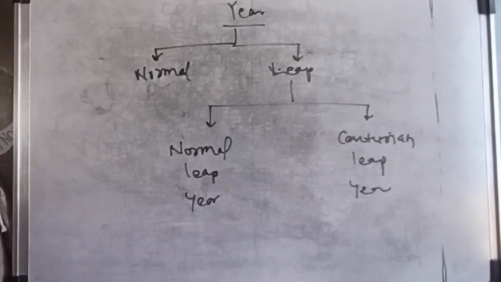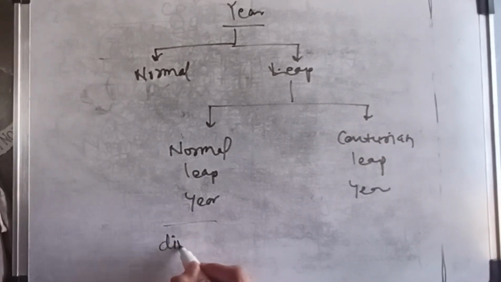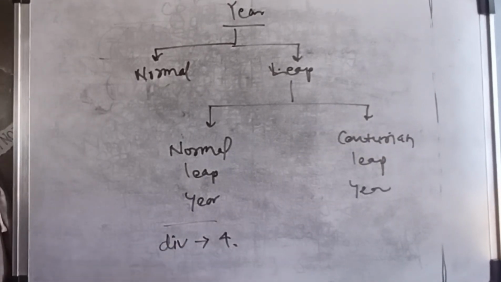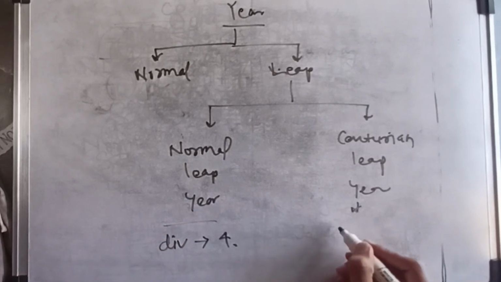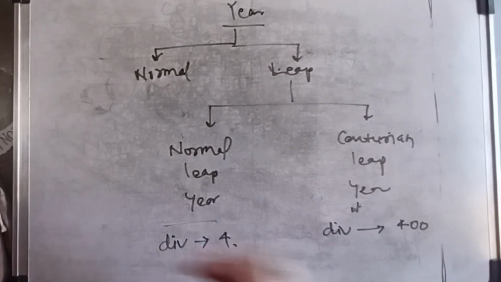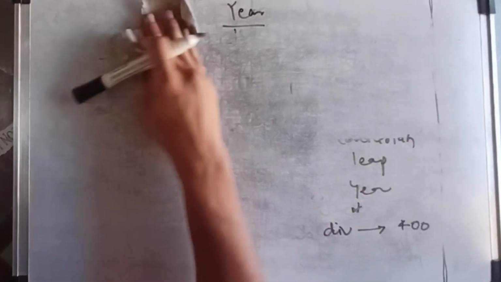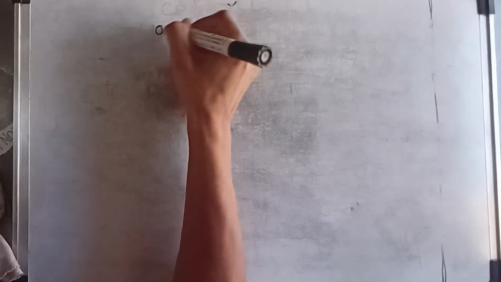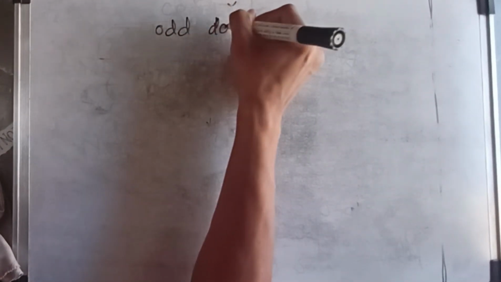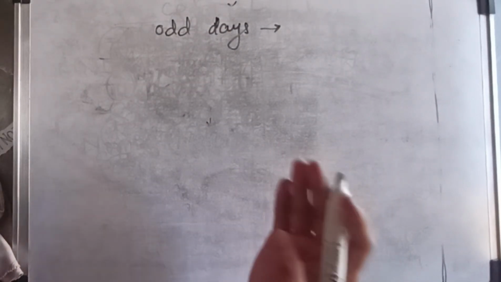What are the rules? If it is divisible by 4, it is a normal leap year. If it is divisible by 400, it is a centurion leap year. Next, what are odd days? The extra remaining days while dividing a year into weeks are called odd days.